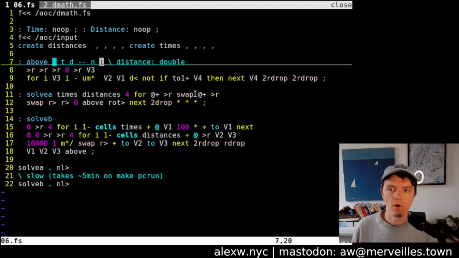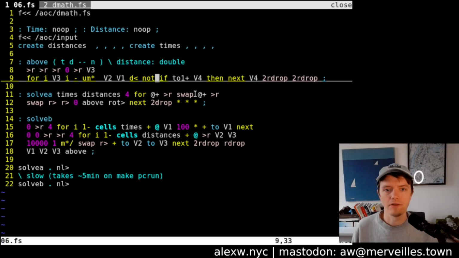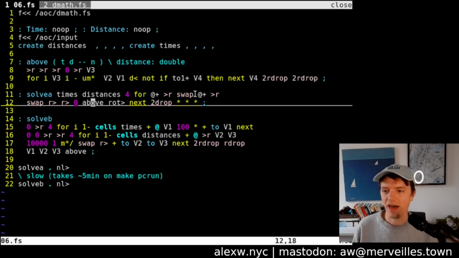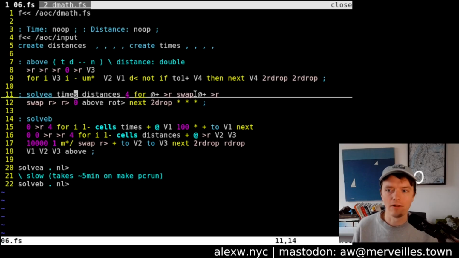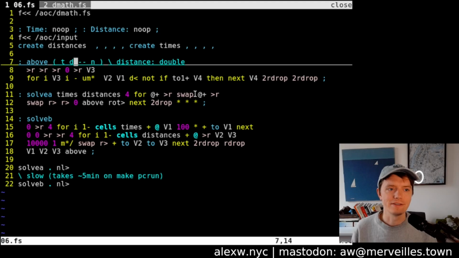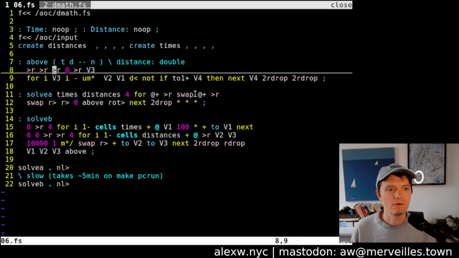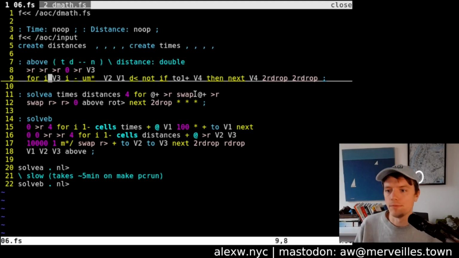The way that above works: for part A we don't need double, so we just add a 0 here for the higher cell of the number. Essentially, this is the brute force implementation.